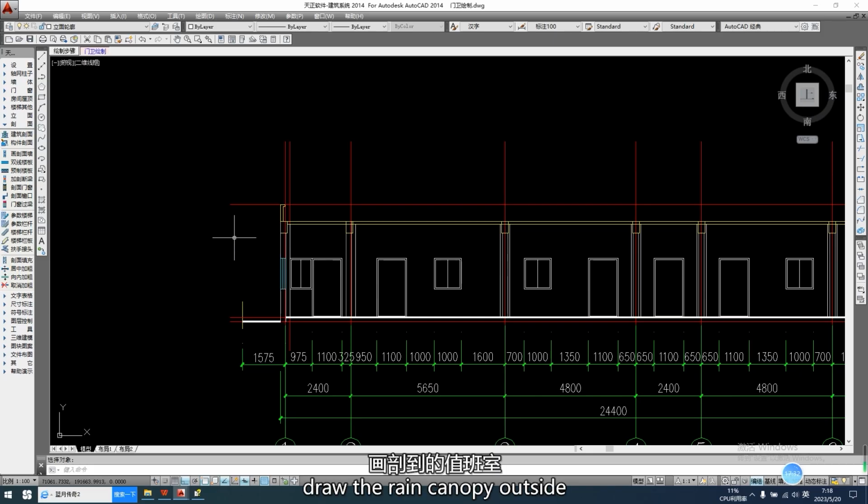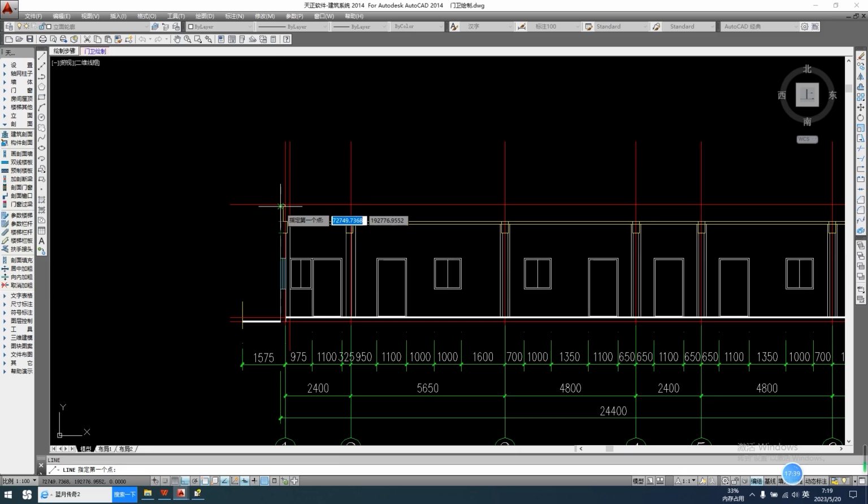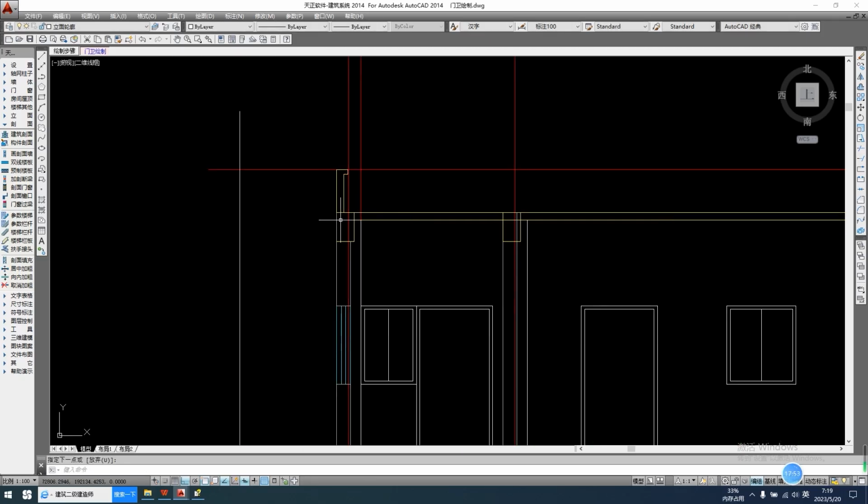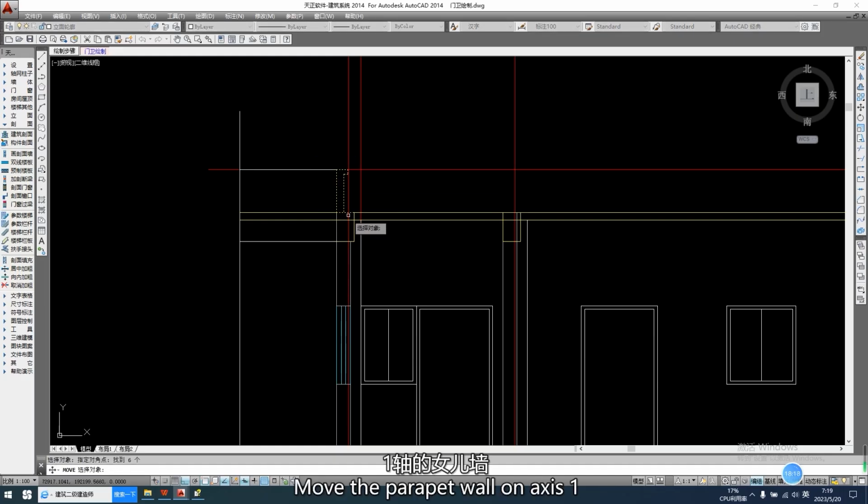Next, we draw the rain canopy outside the duty room in section. Move the parapet wall on axis 1 to the edge of the rain canopy slab.